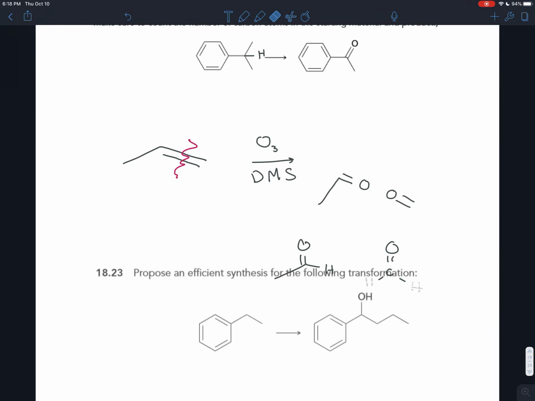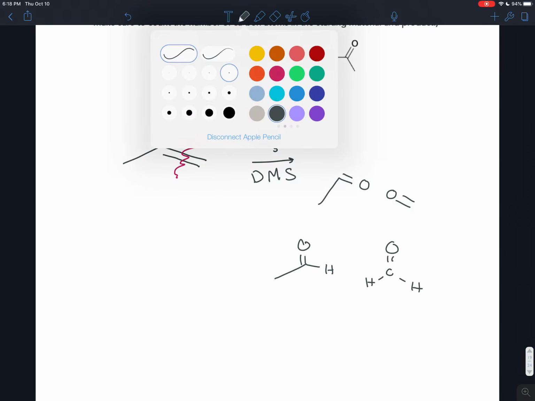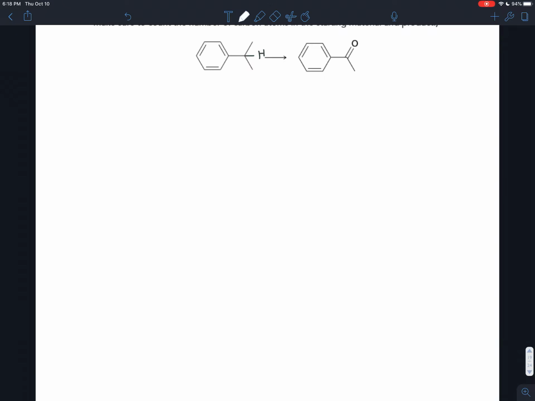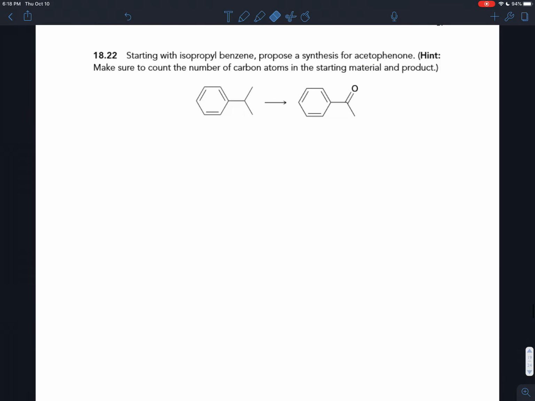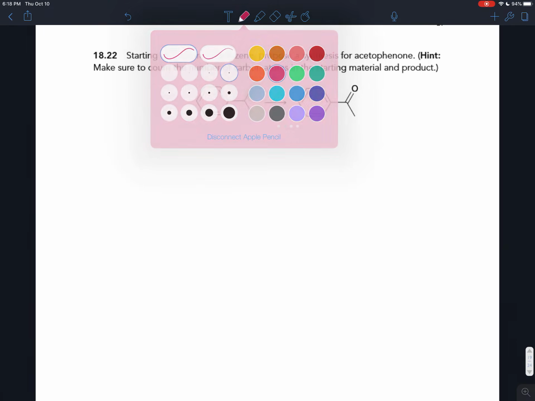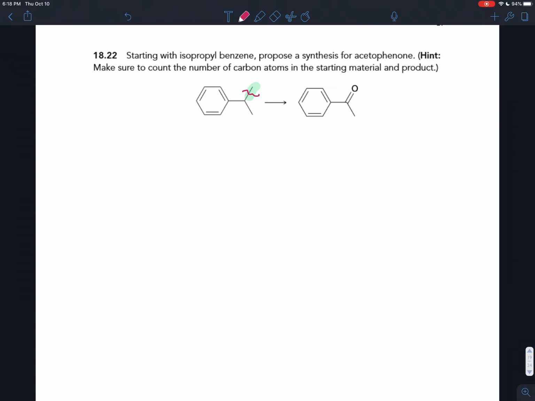So, if we were somehow to turn this carbon-to-carbon bond into a double bond, then we could react it with ozone. We could do ozonolysis, react it with ozone and dimethyl sulfide, and that double bond would turn from a double bond to a carbon to a double bond to an oxygen.